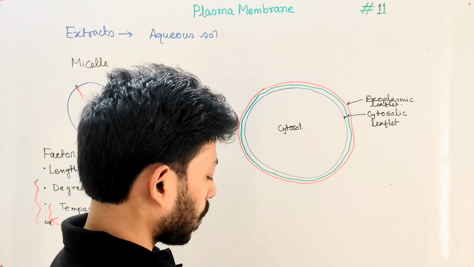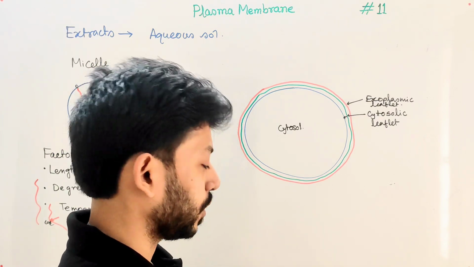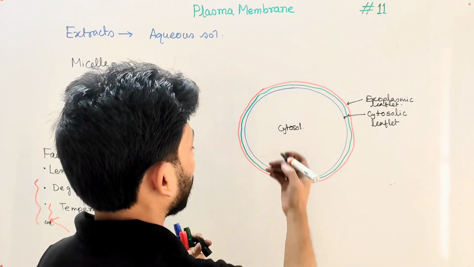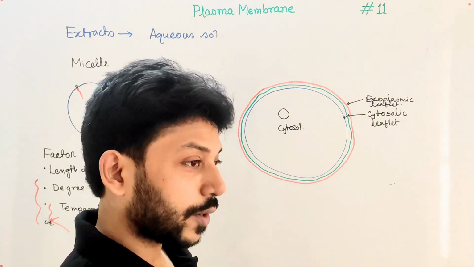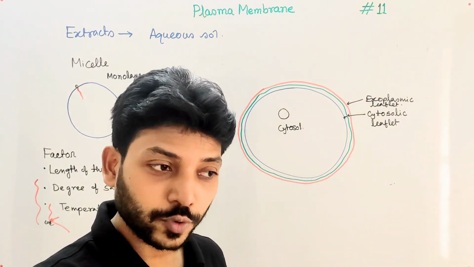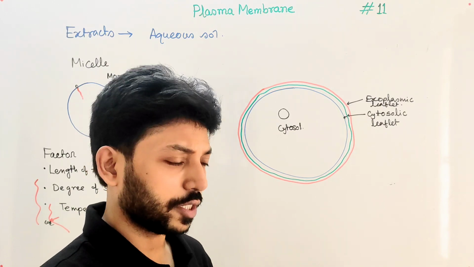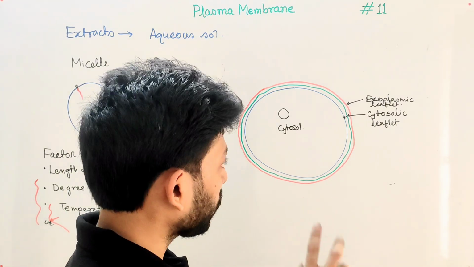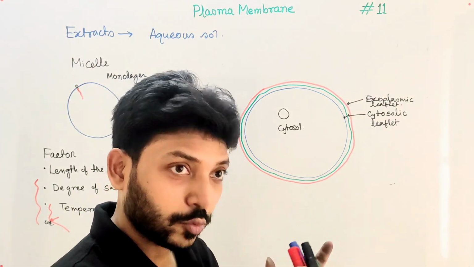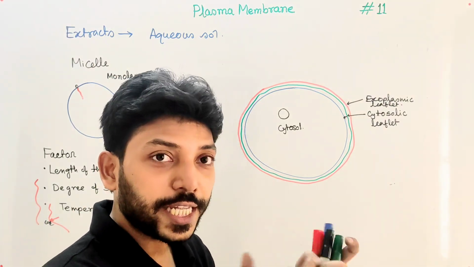Now let's take one example, a lysosome. Let's suppose this is a lysosome, an intracellular organelle. I have also mentioned that lysosomes or any intracellular organelles are also surrounded by a bilayer of membranes. So there will be two layers that surround any organelle.